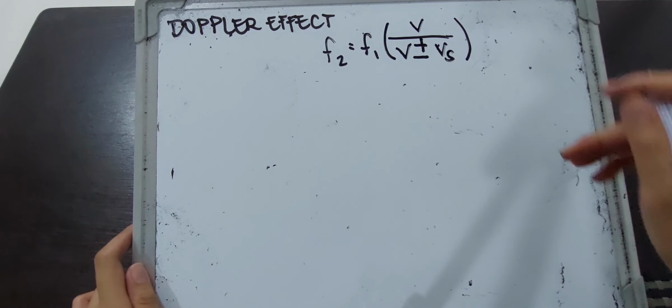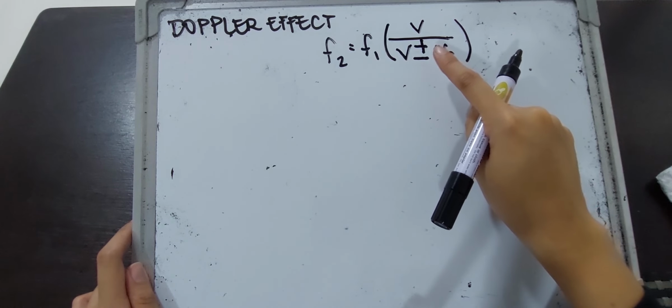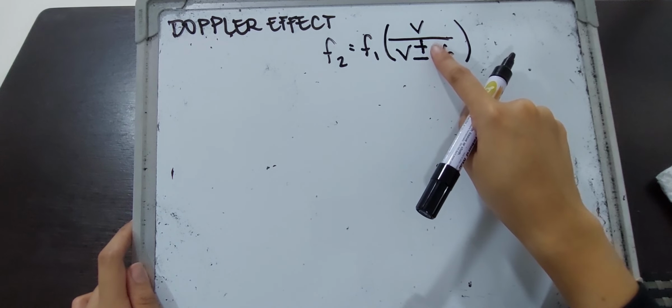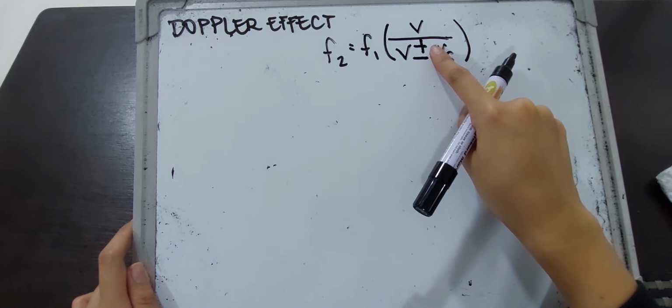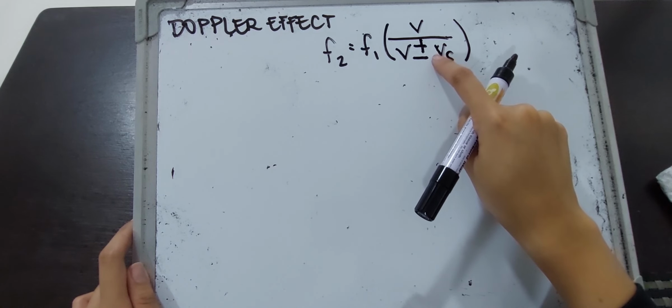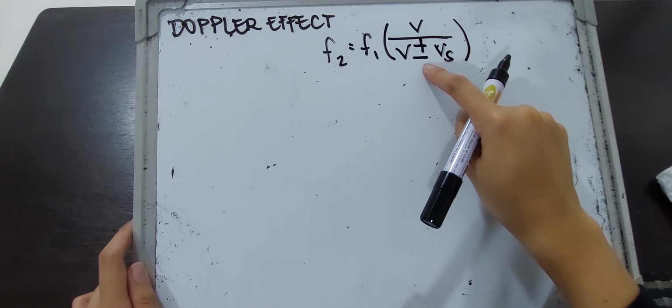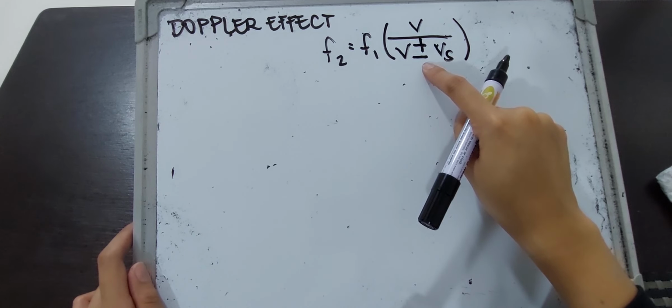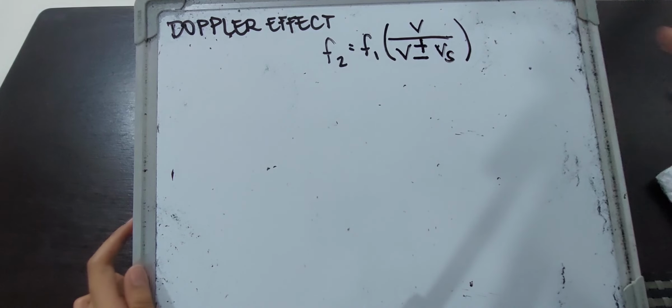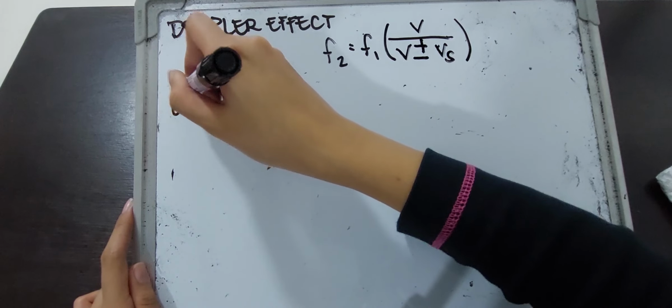So again, take note that we are going to use addition if the source is moving away from the observer, and minus or negative if the source is moving towards the observer. So based on our sample problem, I will just read that.